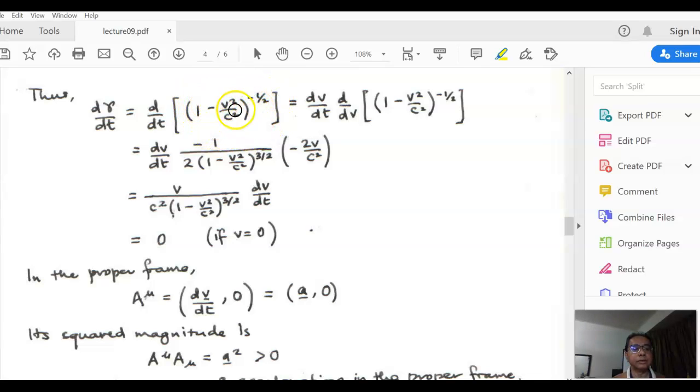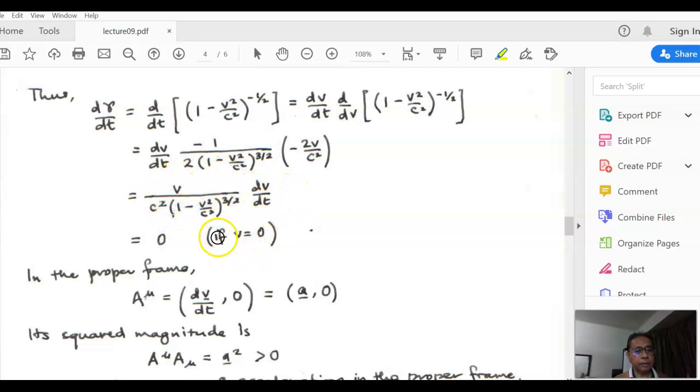So you need to consider the fact that v is probably changing with respect to time. But if you do the algebraic manipulation right, you'll be able to show that this equals 0 if v equals 0.